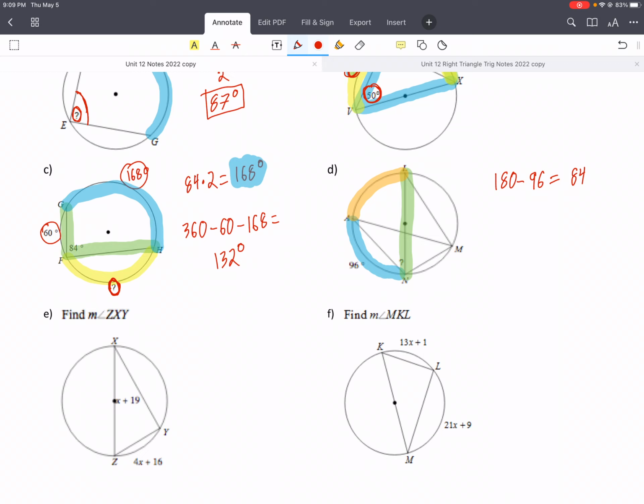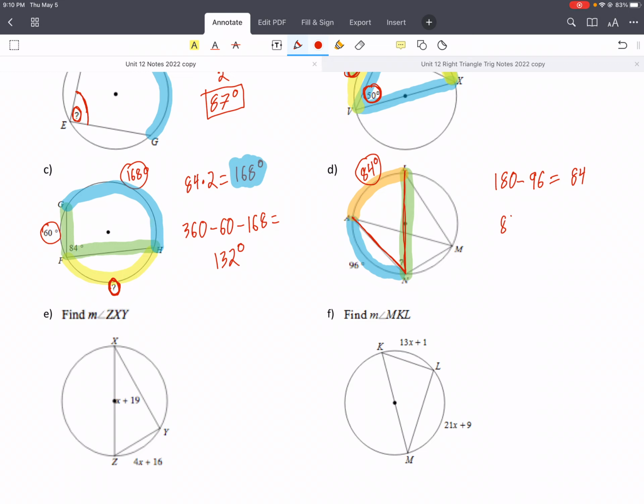So now this missing arc is 84 degrees, but that arc is made by this inscribed angle. And remember, the inscribed angle is half of whatever our inscribed arc is.